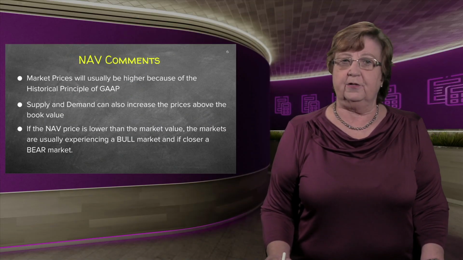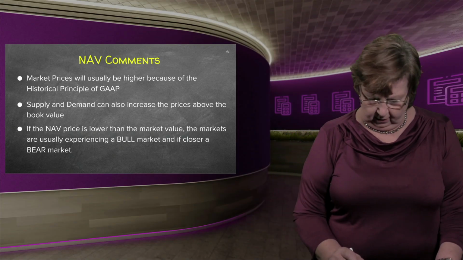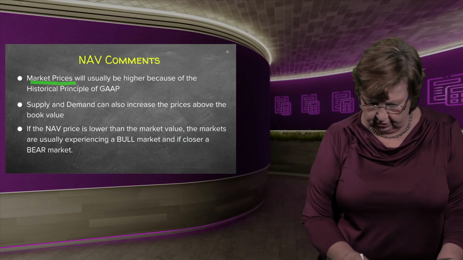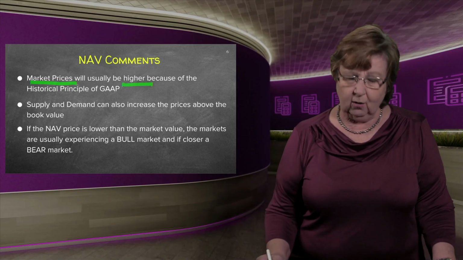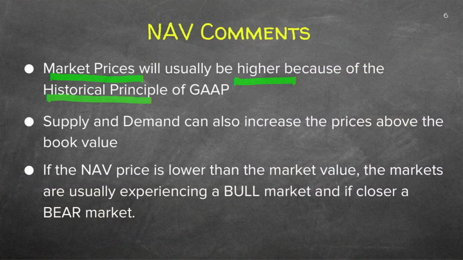So let's continue. Our market price will usually be higher than our book value because of the historical principle. What's the historical principle? May I remind you? It's the principle where we record any item at the original cost that was paid for the item.